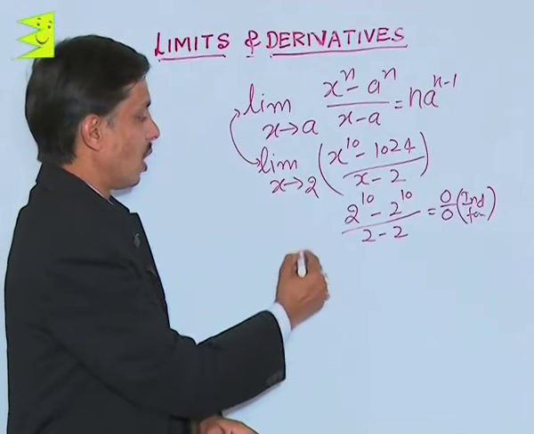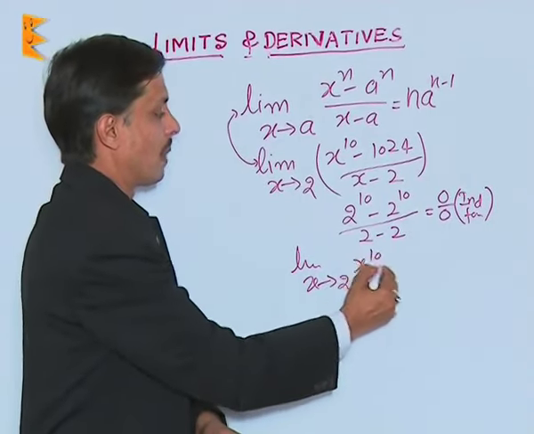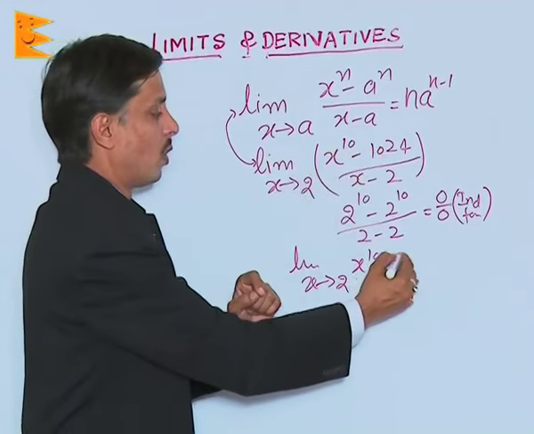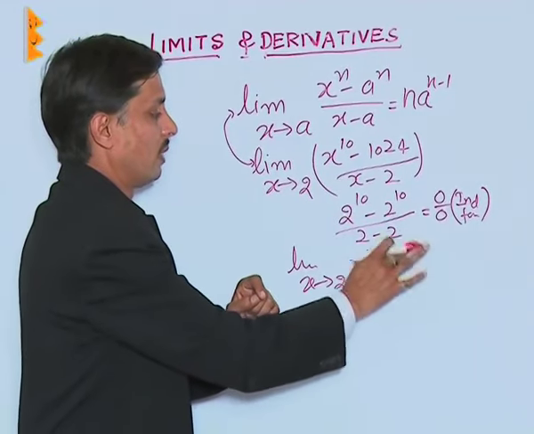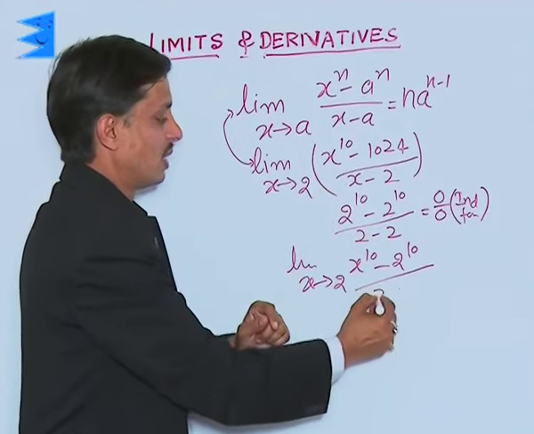So the value of limit x tending to 2, (x to the power 10 minus 2 to the power 10) divided by (x minus 2).